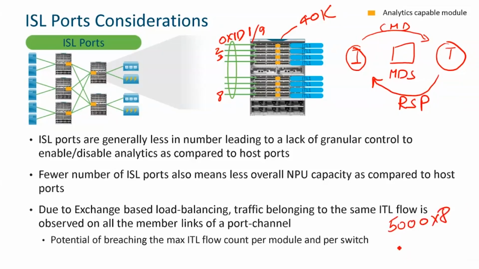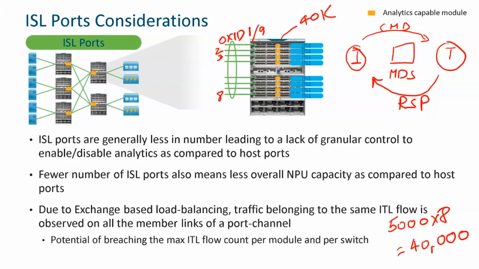So 5,000 flows actually show up as 40,000 flows on the switch, which brings down my scale. It still works great, no problem. Your metrics are still being calculated, but yes, scale is a challenge.